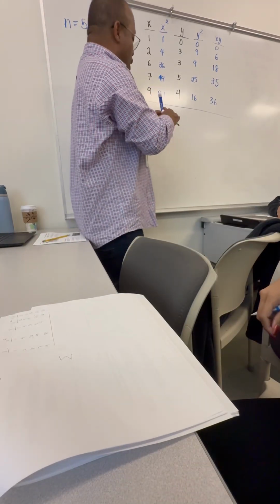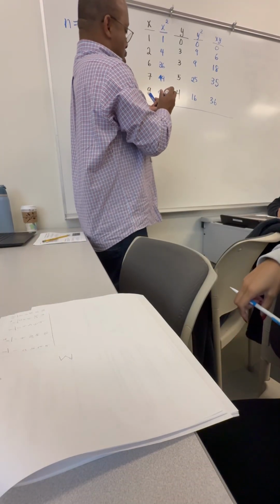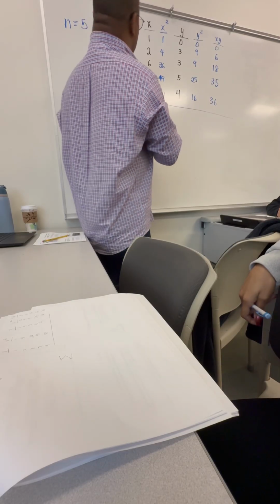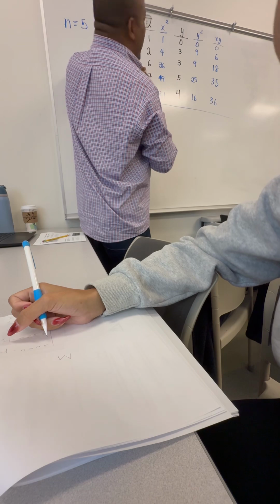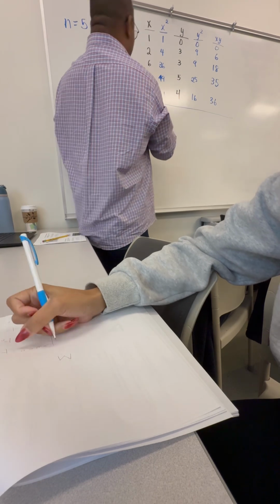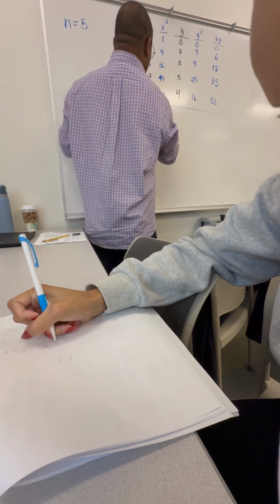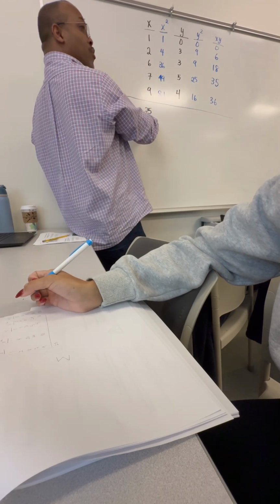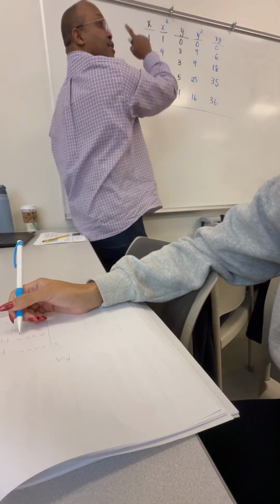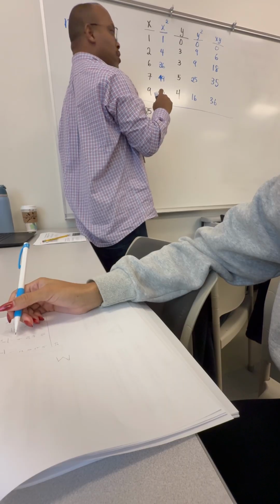Now, we're going to do some adding. So this will be 3, 9, 16, so the sum of x is 25. You see that?